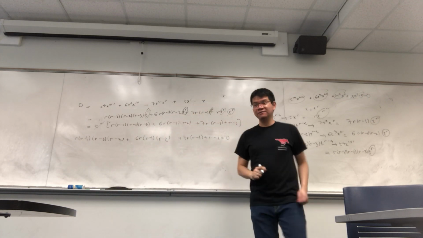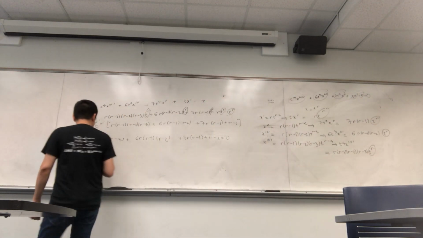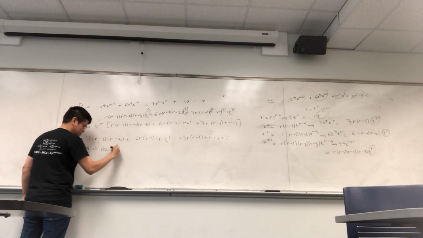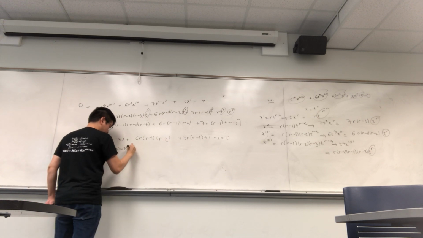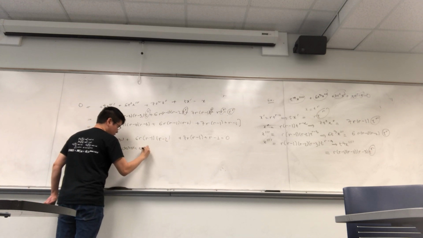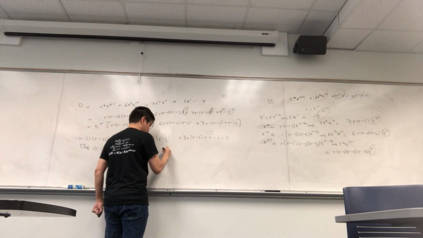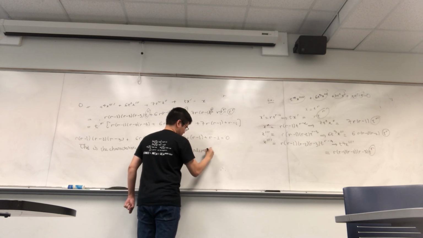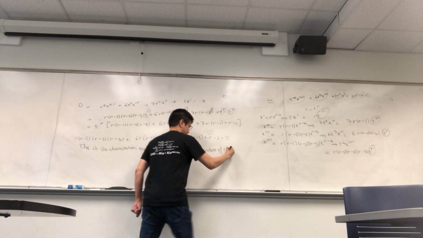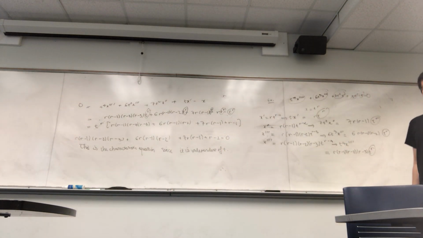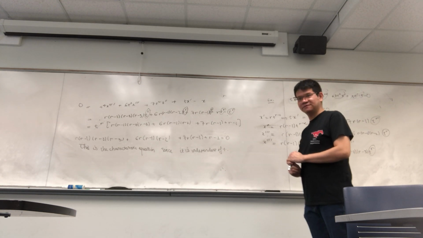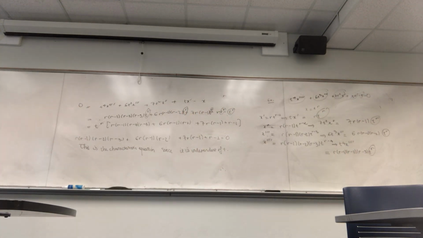All right, this is the characteristic equation, since it is independent of t. Would you want to simplify it further by taking out the r minus 1? Yes. This is how you solve it, right? So I explain again.